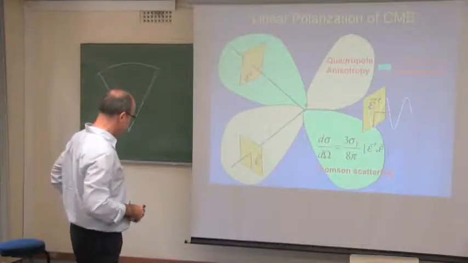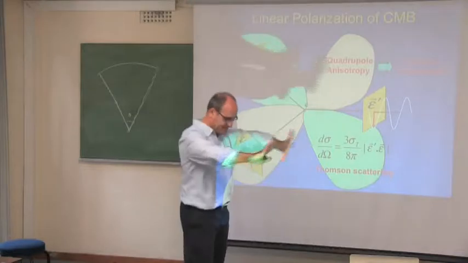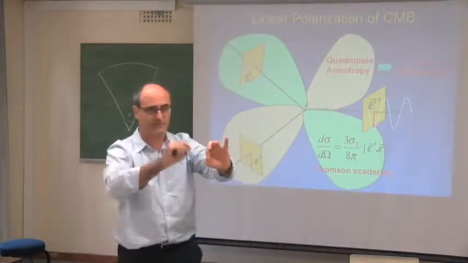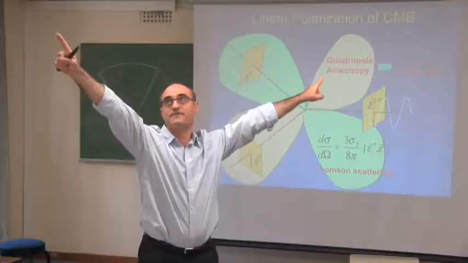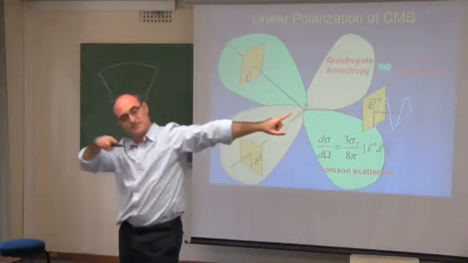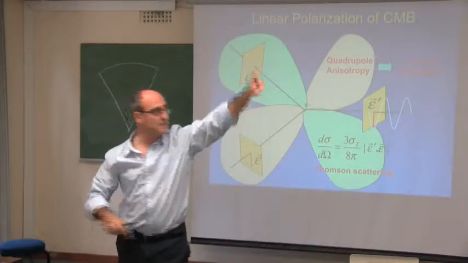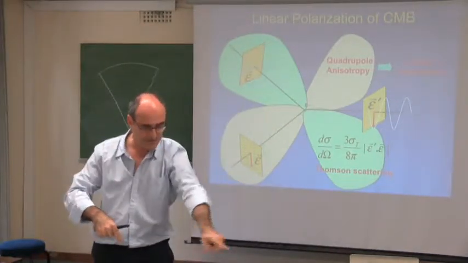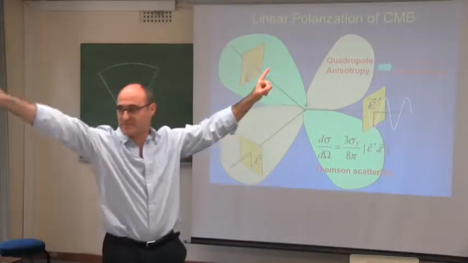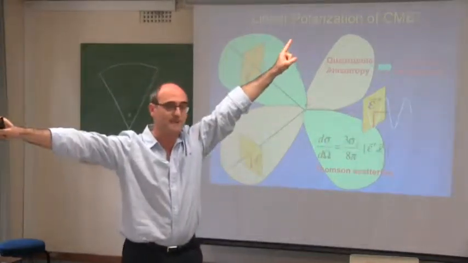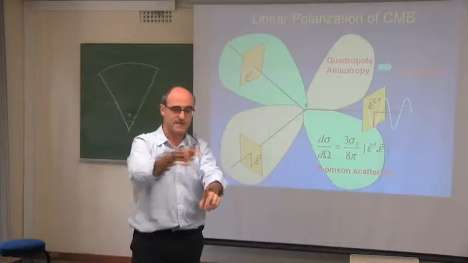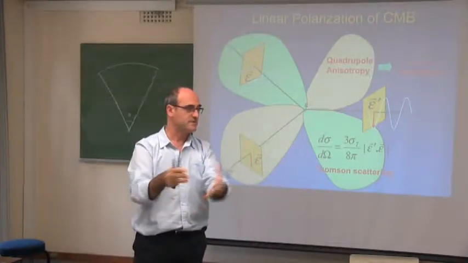How does it work? Well, the last scattering surface is the place at which photons last scatter off electrons. So what happens when a photon comes onto an electron? It makes it oscillate this way and then re-emits in the orthogonal direction. If you have a different number of photons coming from this direction and from this direction at 90 degrees, then if they're the same, the linear polarization this way and the linear polarization this way cancel out.